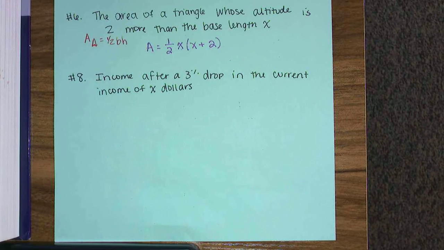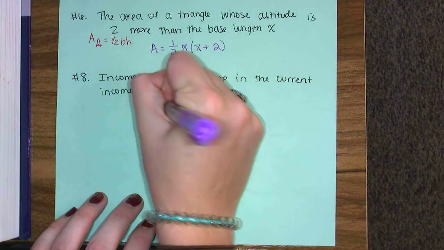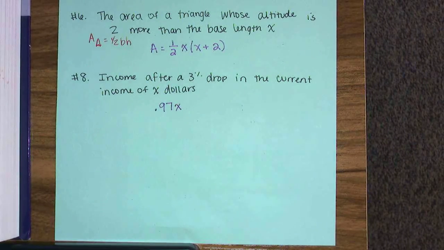If I take away 3% of 100%, what am I left with? This one would literally just be 0.97x. That would be what your income is now. Your income before would have been basically 1 times x, but with a 3% drop, we take away that 3%, leaving us with 97% of that original income, which was x, so now we have 0.97x.